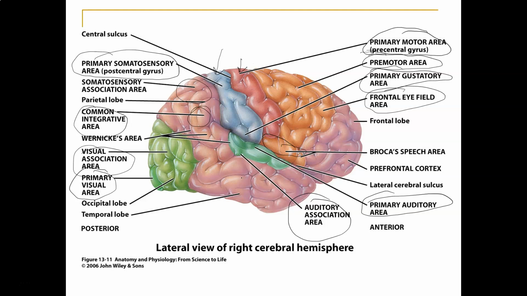So it allows us to integrate sensory information so that we have a coherent picture from moment to moment of where we are and what's going on. So damage to that part of the brain can be quite debilitating, because it's not enough just to see or hear or smell. You have to be able to put those together and form a coherent picture of the environment that you're in at that moment.